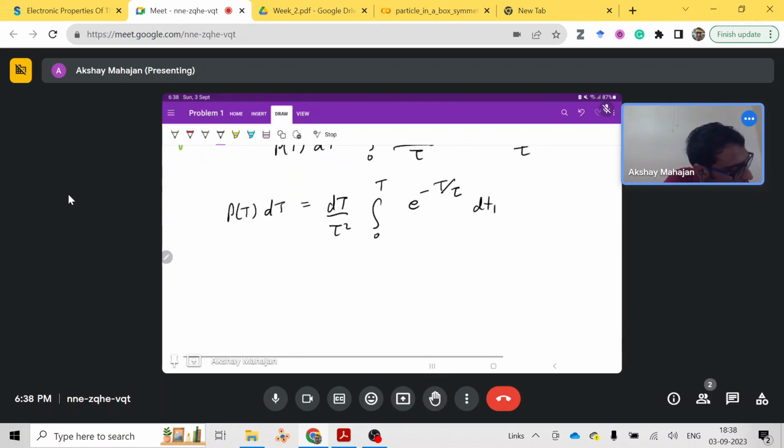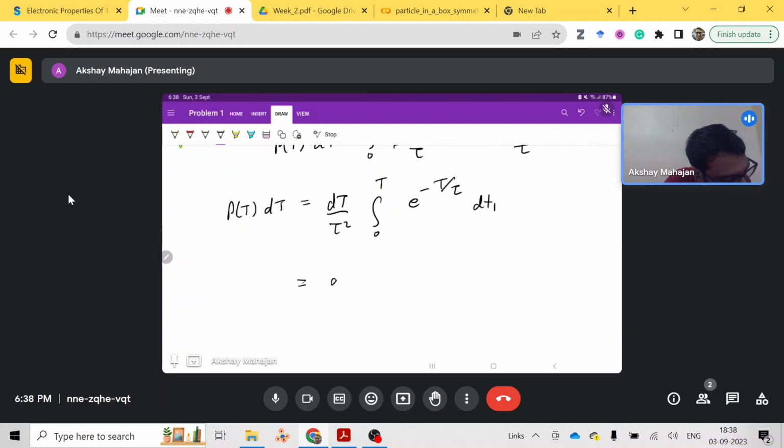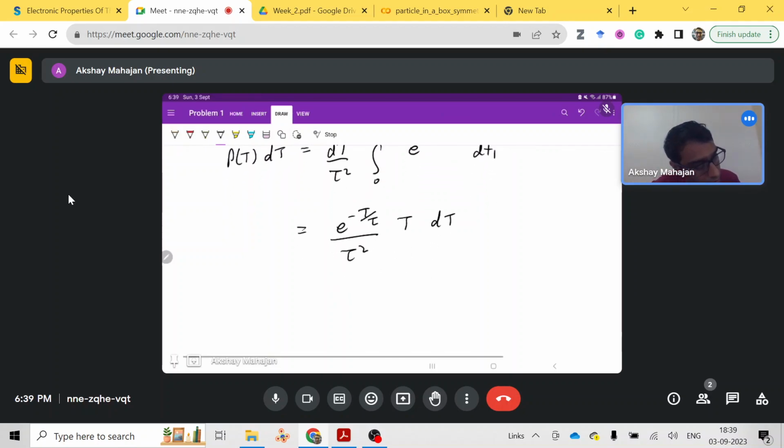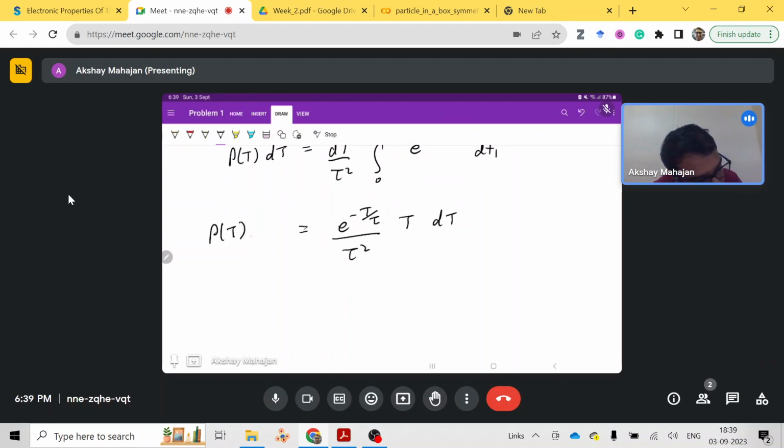So this is very easy to integrate. We will have e to the power minus t by capital T by tau square dt, and this is just integration from 0 to T, that will just give you T. So I will just write the answer. Alright, so this is our P(T) dT.